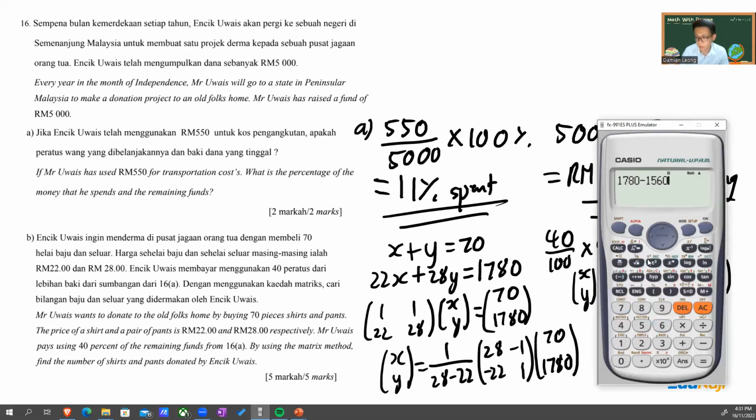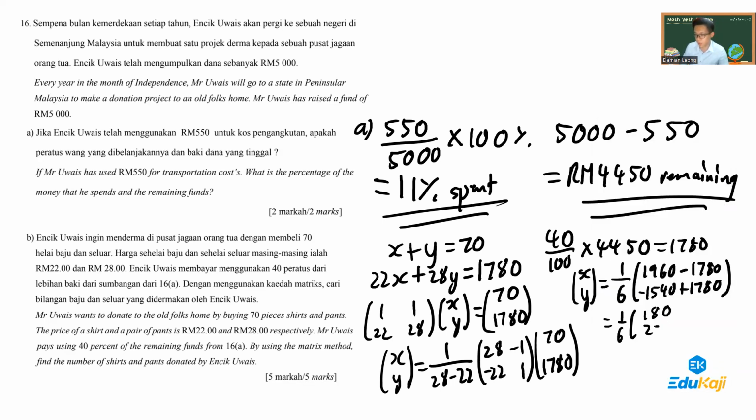1780 minus 1540 is 240. So divided by 6, 30.